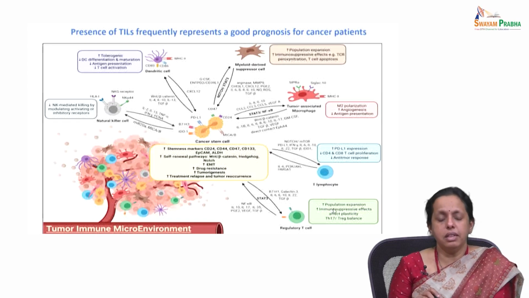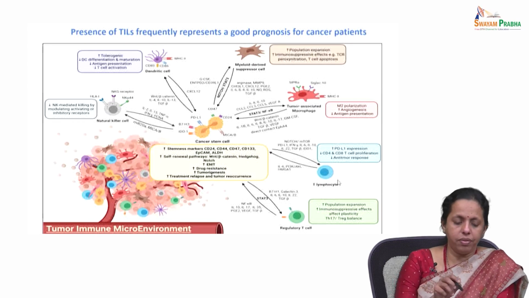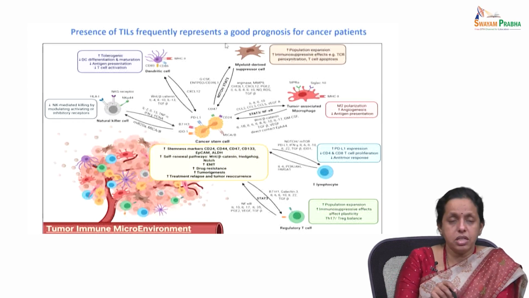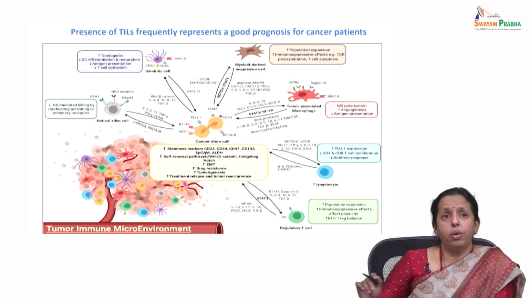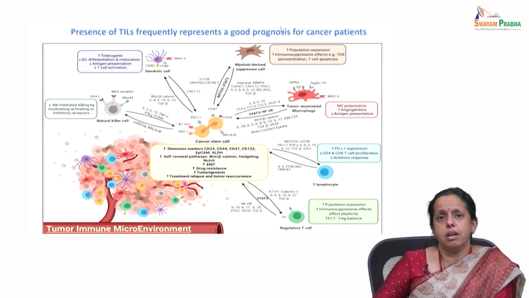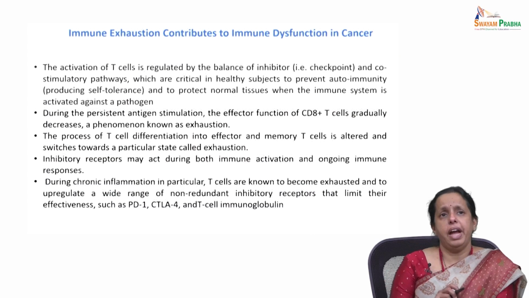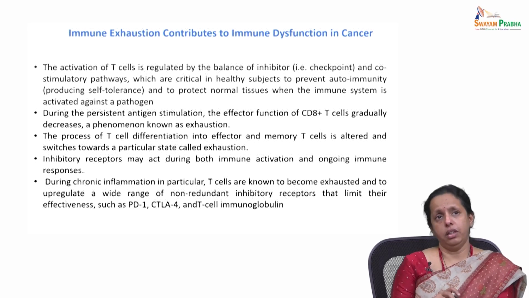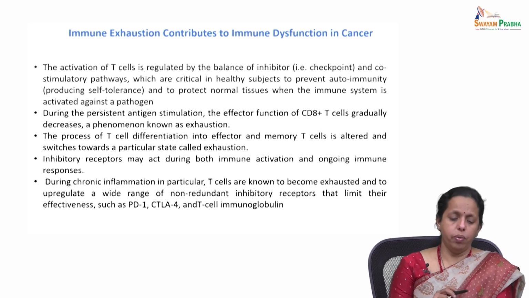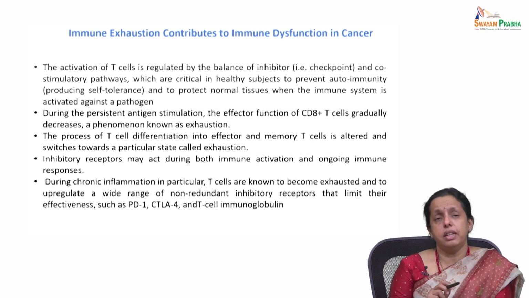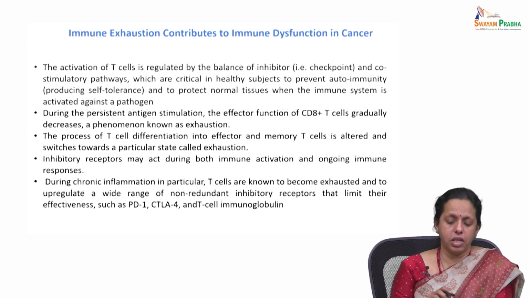Suppose you have your TILs, the tumor infiltrating lymphocytes. How do these tumor infiltrating lymphocytes play a role? We even introduced ourselves last time to another concept called immune exhaustion, which also contributes to immune dysfunction in cancer.